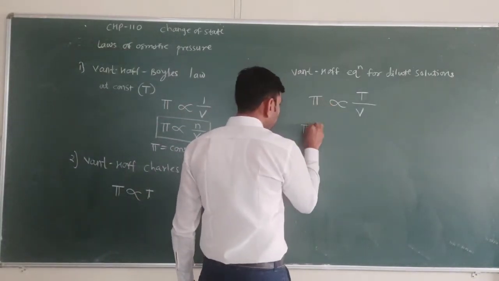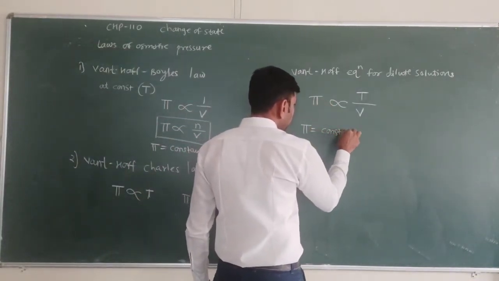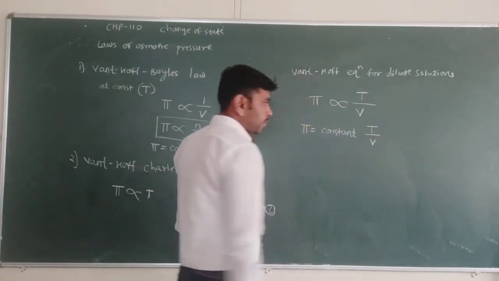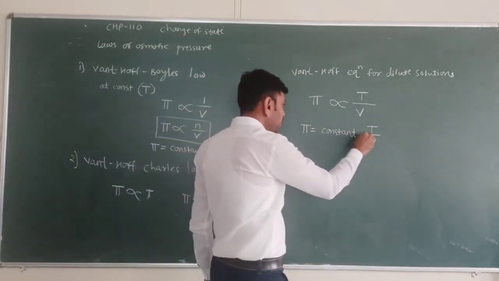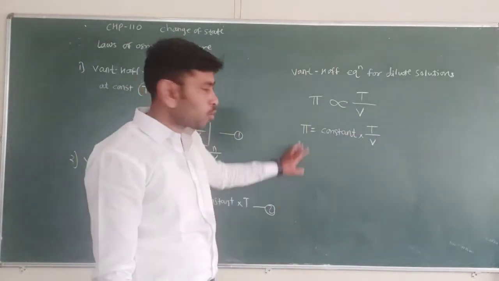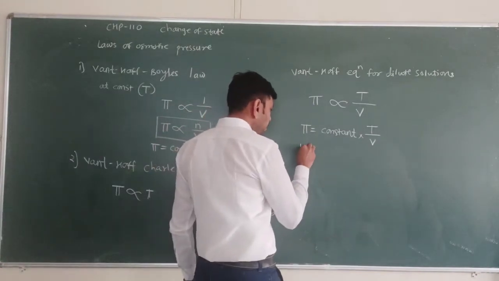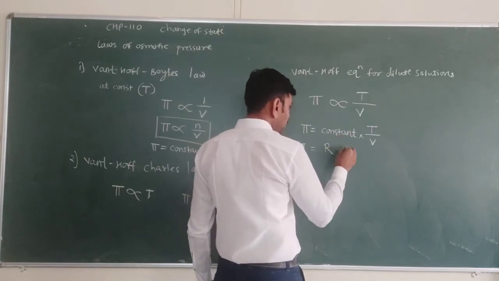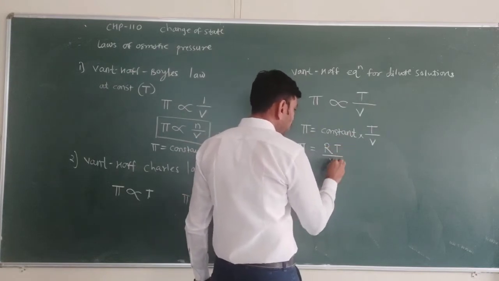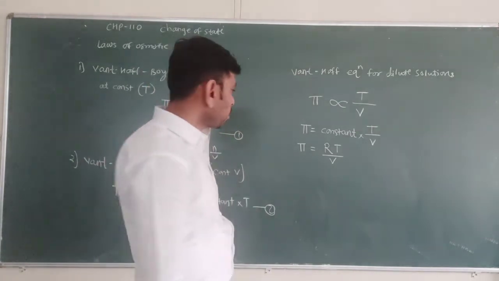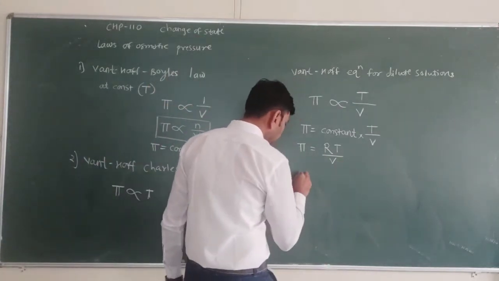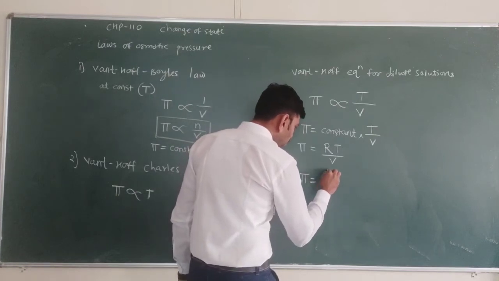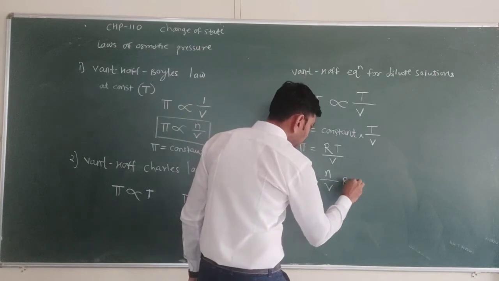So pi equals constant into T upon V. We write the constant as R, so pi equals R into T upon V, or for number of moles n, pi equals n upon V into RT.